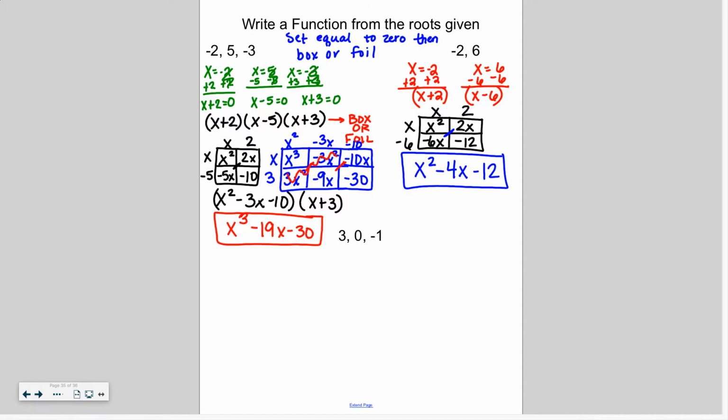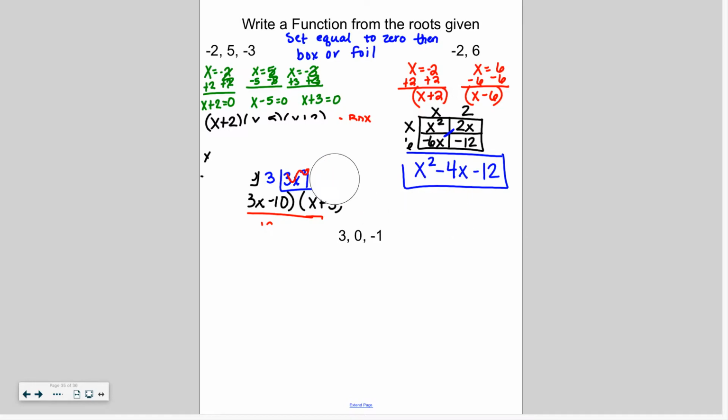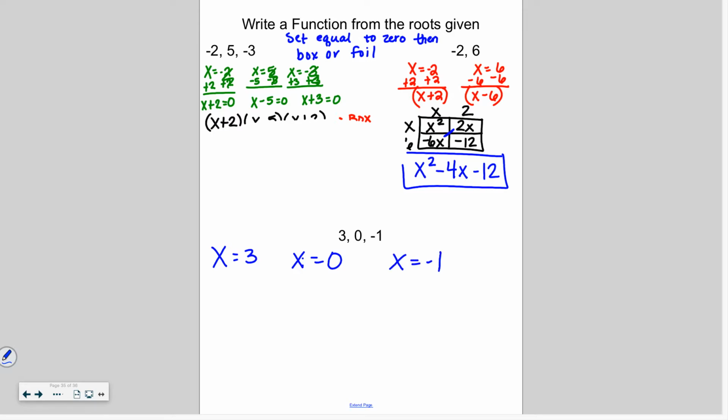All right? I'm going to zoom out on my paper some. All right, I'm going to erase this down here. You all should have this, but I want to have room to do this one here. All right, so x is equal to 3, x is equal to 0, x is equal to negative 1. Subtract 3, so x minus 3. Subtract 0. Does that do anything? x minus 0? No, so we could just leave it as x.